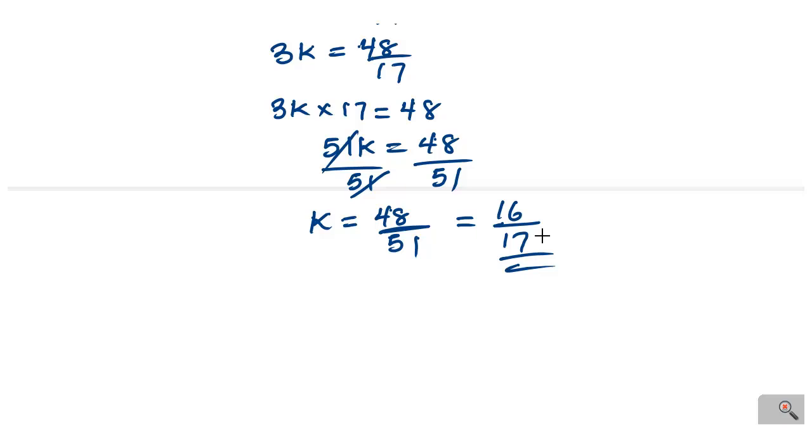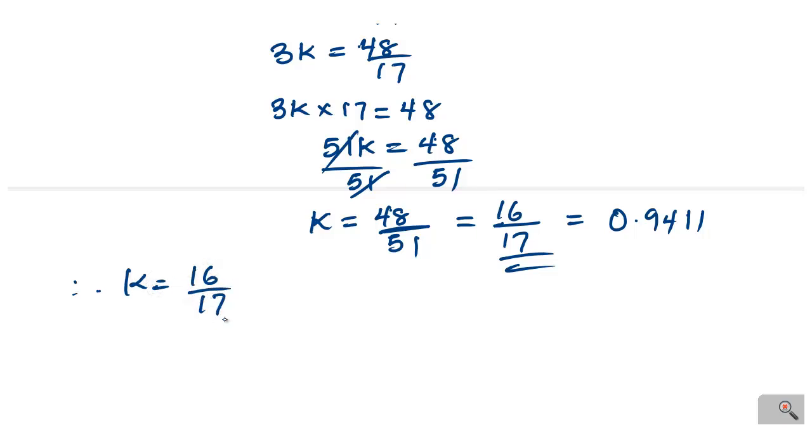All right, so this is the simplified form of it. I would rather prefer it to be expressed as a fraction, even though 16 over 17 is the same thing as 0.9411. So therefore the value of k is 16 over 17.